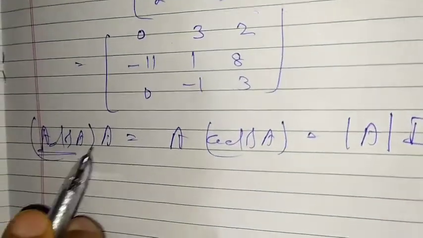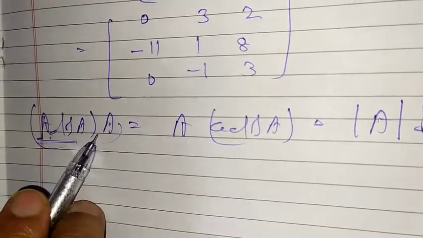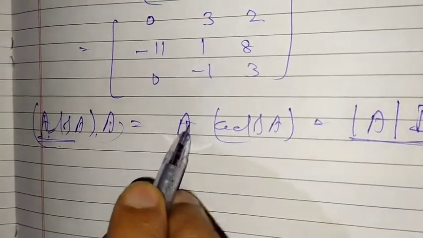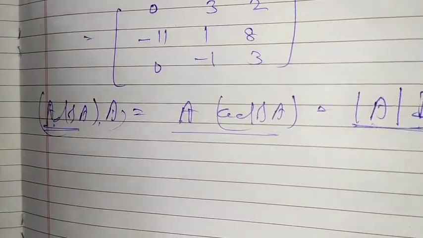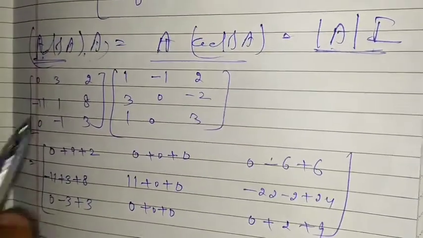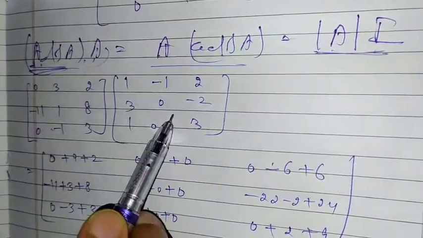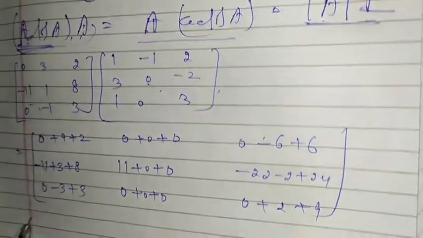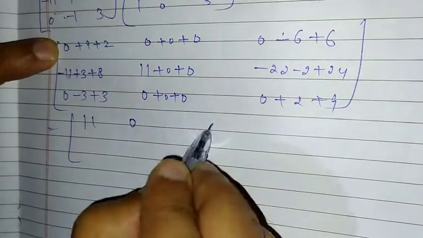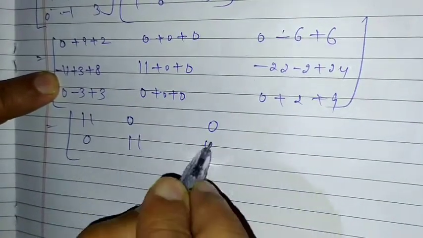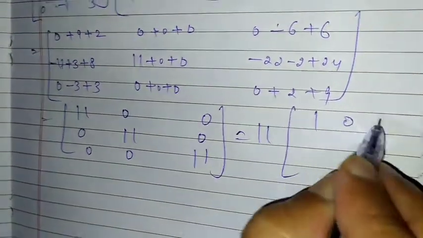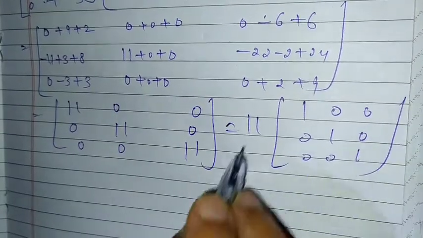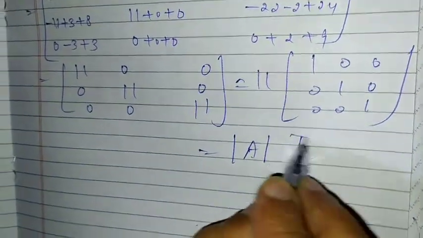Firstly, adjoint of A multiplied by matrix A, we multiply this and get this. Similarly, on this side A multiplied by adjoint of A gives determinant of A into identity matrix. Multiplying, 9 plus 2 is 11, giving 11 0 0, 0 11 0, 0 0 11. Taking 11 common, we get the identity matrix. 11 is the determinant of A and this is the identity. This part is proved. Similarly, we can prove the other part.